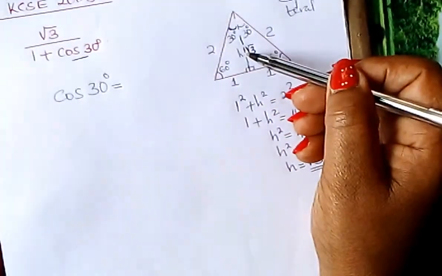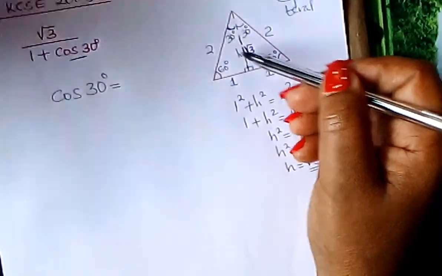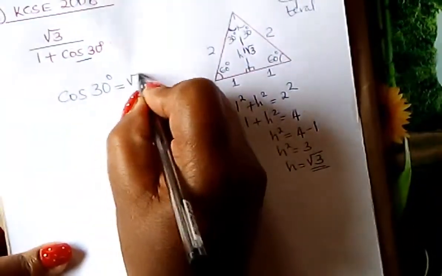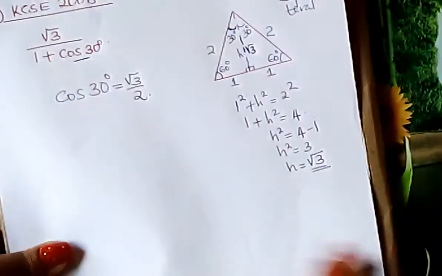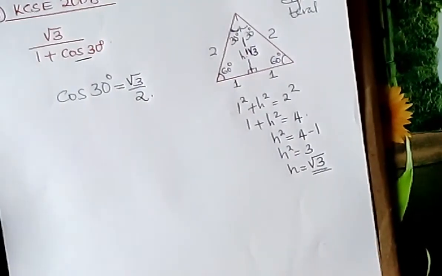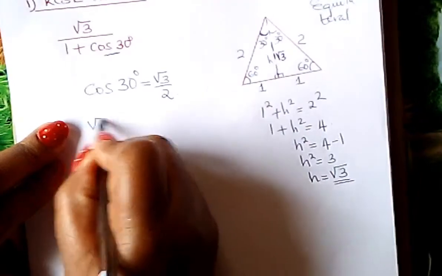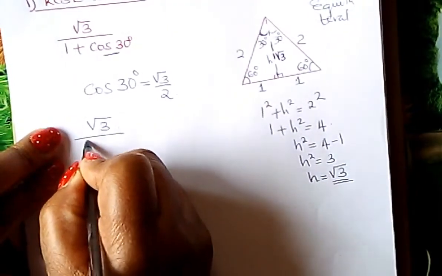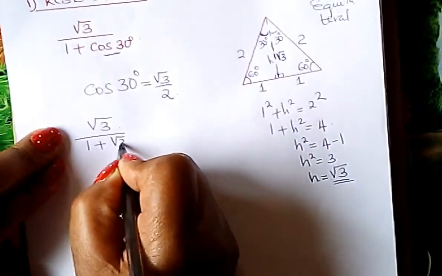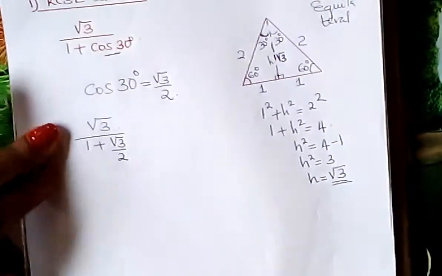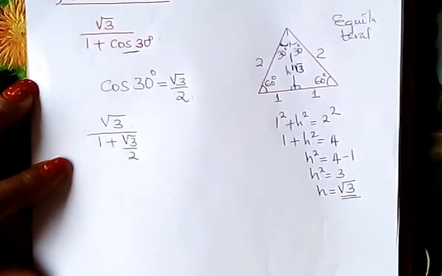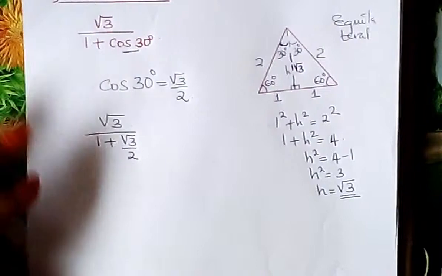So root 3 over 2, hypotenuse. That is our cos 30. Now you come and fix it here. So you talk of root 3 divided by 1 plus root 3 over 2. There we are. Without using mathematical tables or calculators.